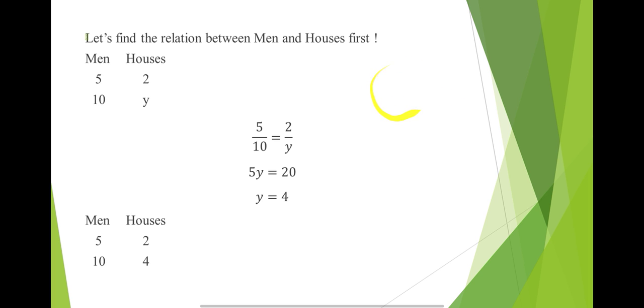So with 10 men, let's calculate how many houses they can build. We use direct proportion because the more men, the more houses they can build, right? So use the direct proportion way, find the y. So 10 men can build 4 houses. That's the first step.